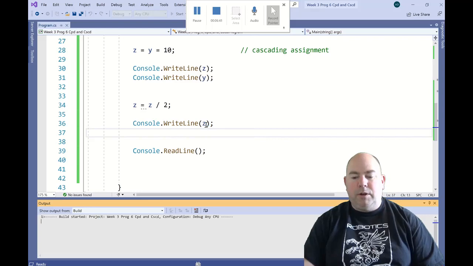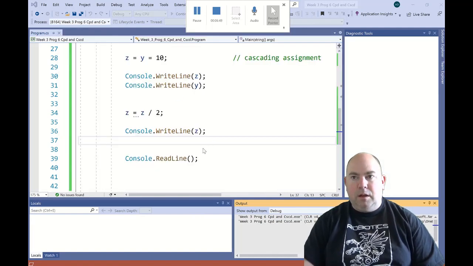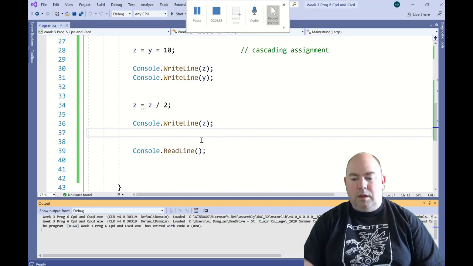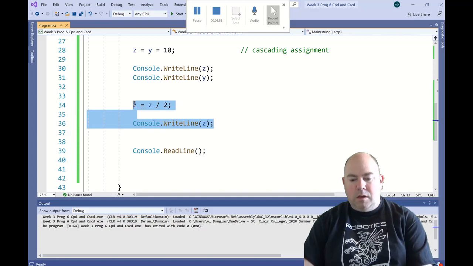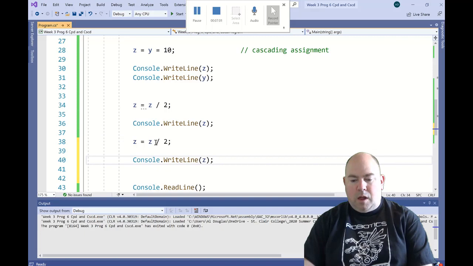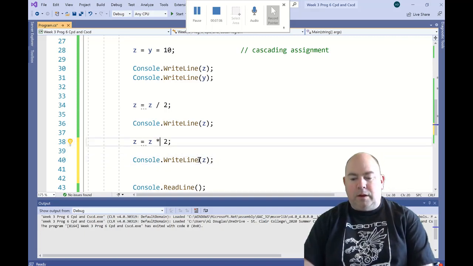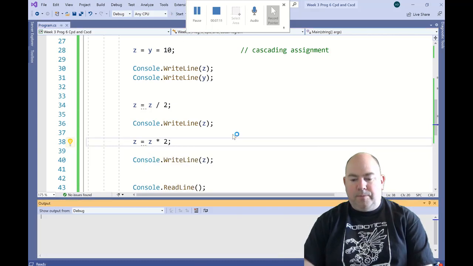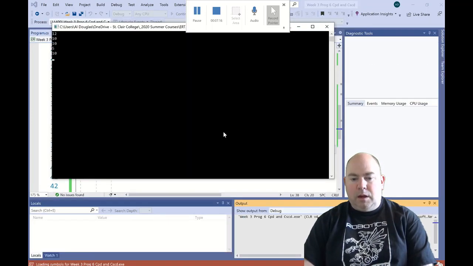And then writing a 5 out here. Then I'm going to go z equals z times 2, and I get a 10 out here.